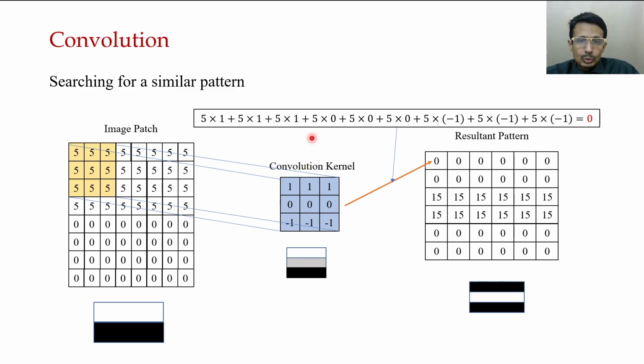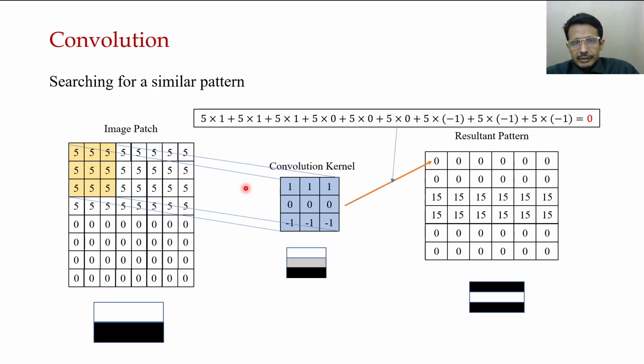Now what we have to do with this kernel is convolve the image patch, patch-wise. Initially, we put this convolution kernel over the top left portion of the image. We take the first 3 cross 3 image patch and do the element-wise multiplication.